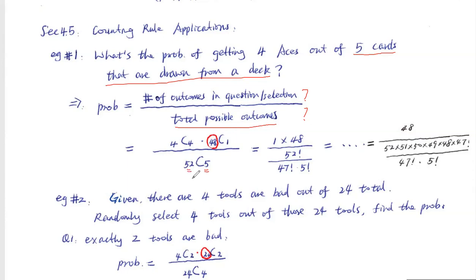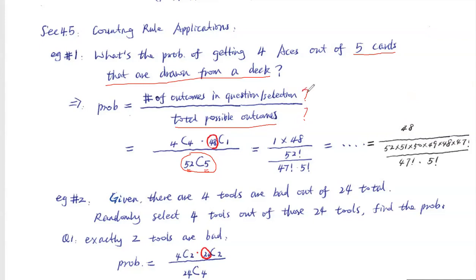Let's ask ourselves, do we care about the order after I got these 5 cards? No, we don't care about the order. So in other words, it is a combination, everybody. That's how many possible cases we have. Select 5 out of total 52. Okay, now that's the denominator.